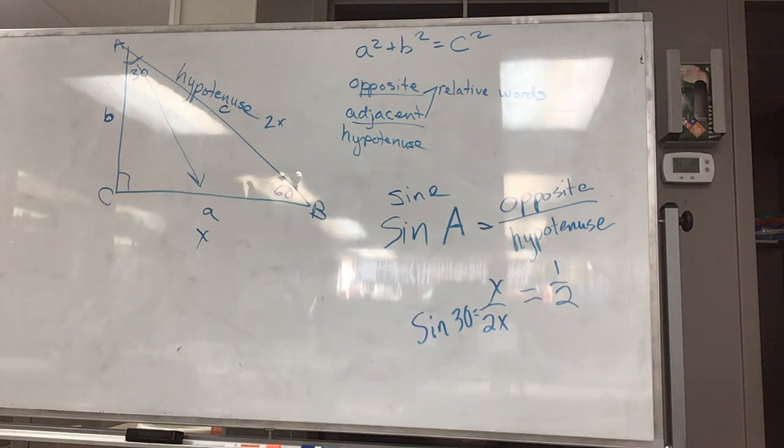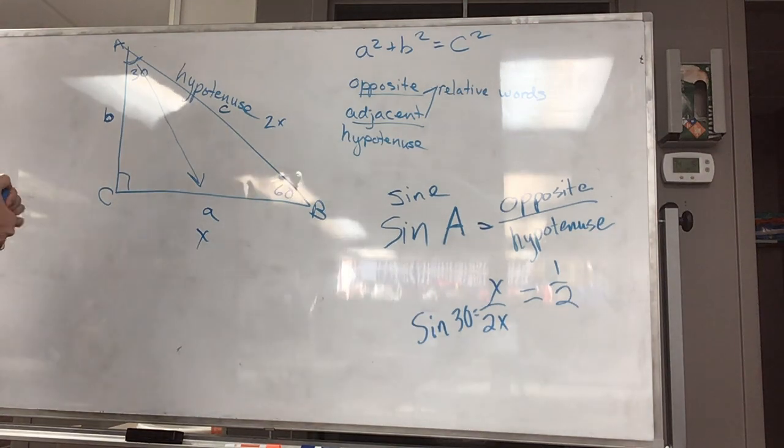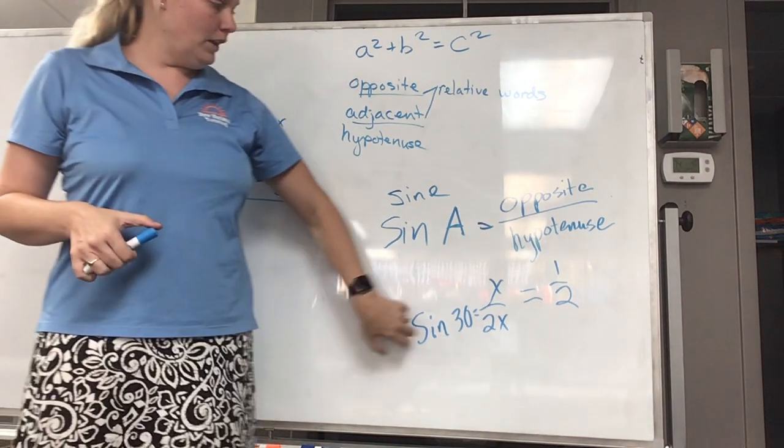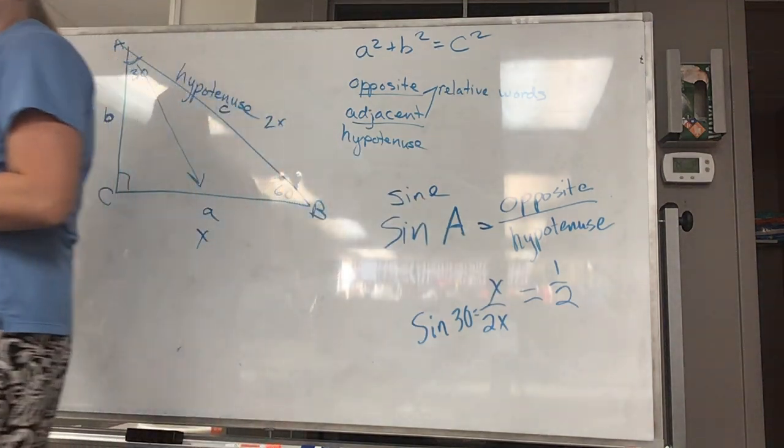Sine 30. There we go. So yeah, if you are having trouble, make sure that you are in degrees. Radians will really throw your answer. So sine of 30 should equal 1/2.